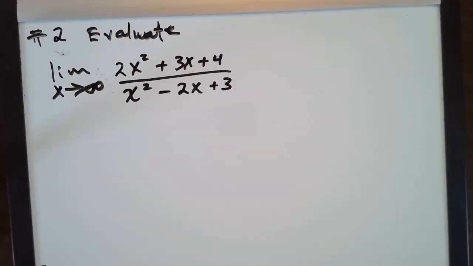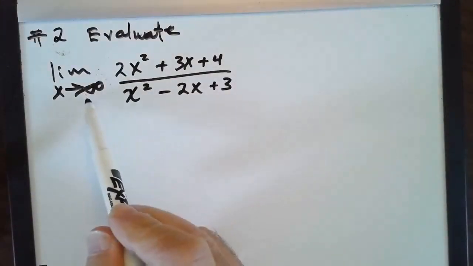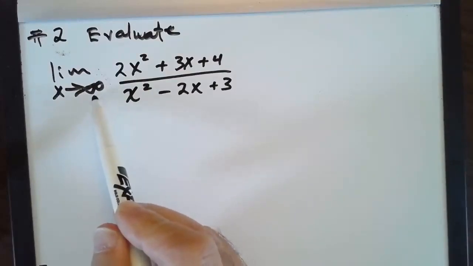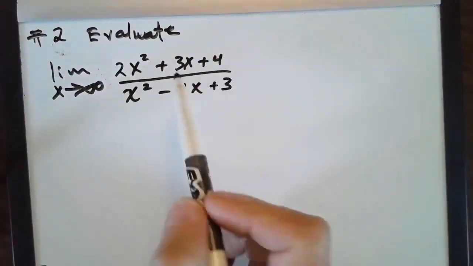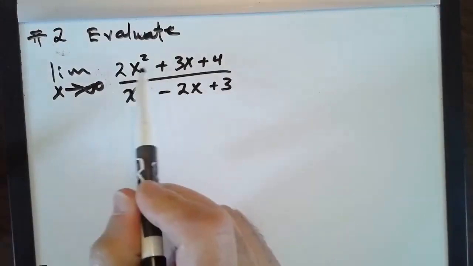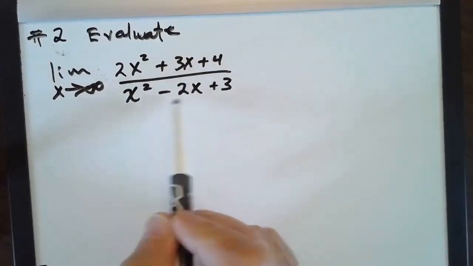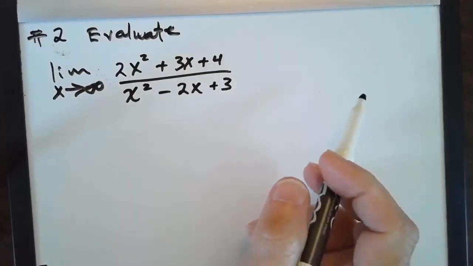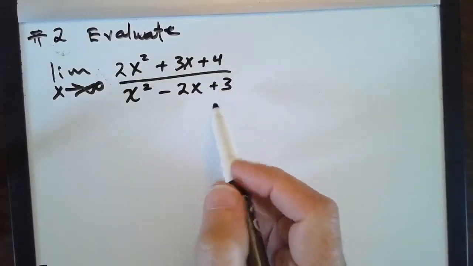Okay, well, the problem with infinite limits is that infinity is not a number. It just tends towards numbers that go on and on and on forever to infinity. So if we plugged in infinity for x, you just get infinity over infinity. You don't get anything, so you have to try a different method.